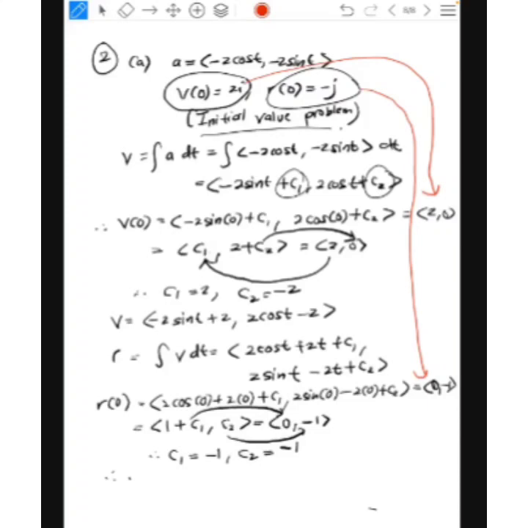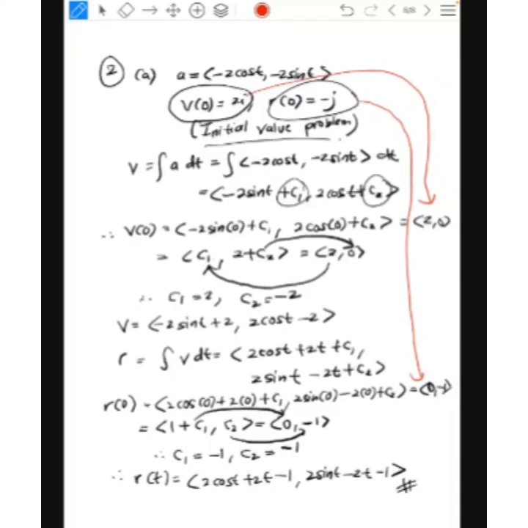So your final answer r of t equals 2 cos t plus 2t minus 2, and then 2 sin t minus 2t minus 1.